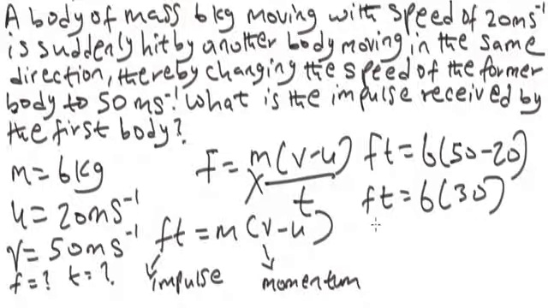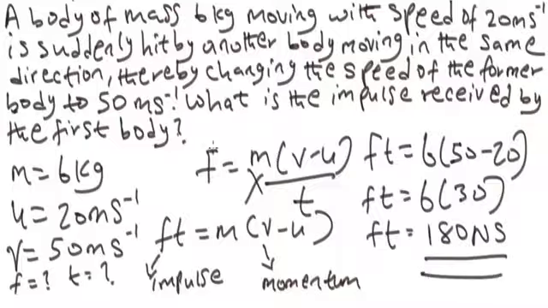Therefore, Ft, which will be the impulse received by the first body, will be 30 times 6, which gives us 180 Newton second. So impulse is measured in Newton second. It has the same unit as momentum, Newton second. So this will be the answer to this problem.